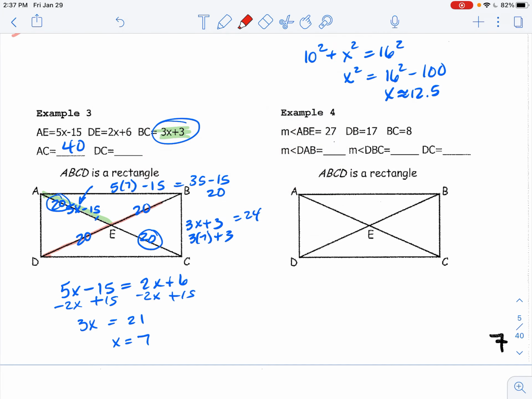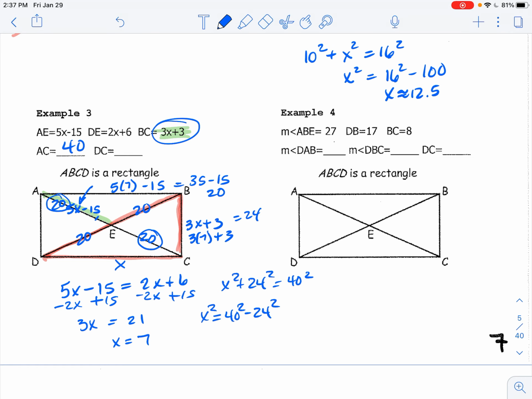Let's take a look at this big triangle here. I'm going to highlight in red. All right, since it's a right triangle, we're going to do Pythagorean theorem again. My hypotenuse is 40. My short leg is 24, and my x is going to be down here. So it's going to be x squared plus 24 squared is equal to 40 squared. And if I subtract 24 squared, x squared is equal to 40 squared minus 24 squared.